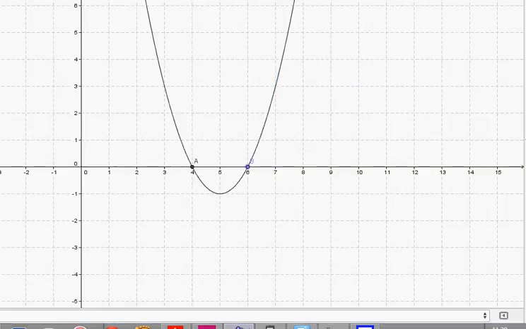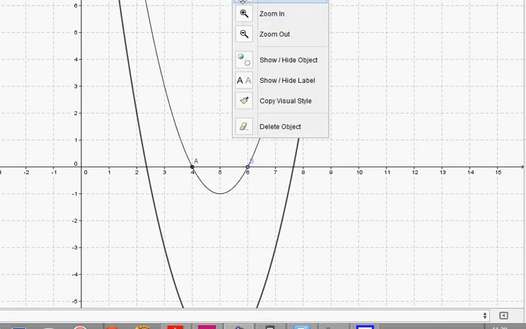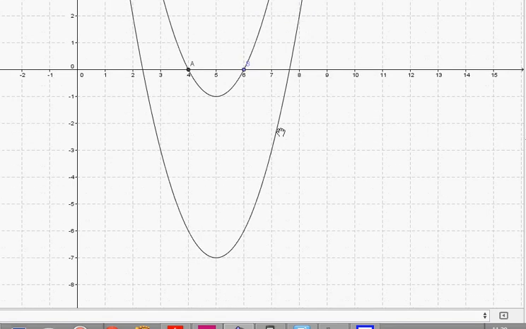Look what happens. Y equals x squared minus 10x plus 18. What happens is the graph is lowered by 1, 2, 3, 4, 5, 6. Do you understand that?